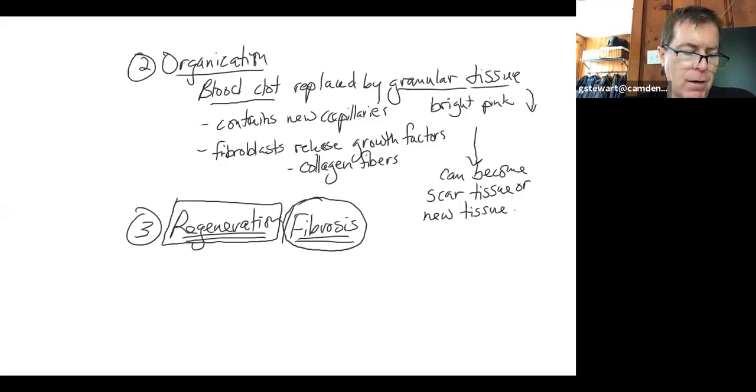For example, in simple infections, usually mostly regeneration occurs. But in severe infections or severe trauma, like a bad deep wound, we get much more fibrosis occurring in something like our skin.